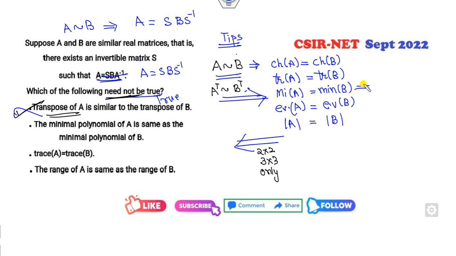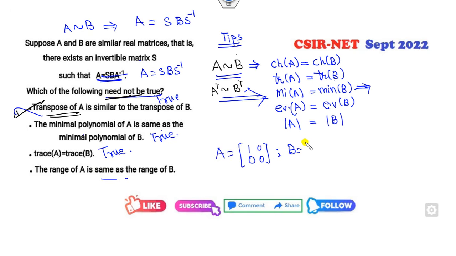Minimal polynomial of A is the same as minimal polynomial of B. Trace of A is the same as trace of B. Range of A is the same as range of B. That is the false statement. How? You can see, I can choose this as my matrix A and this as my matrix B. Now you can see eigenvalues of A and B are the same, characteristic polynomial the same, minimal polynomial the same, determinant the same, and it is also 2 cross 2, so the converse result is also true.